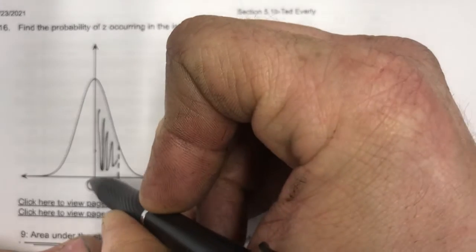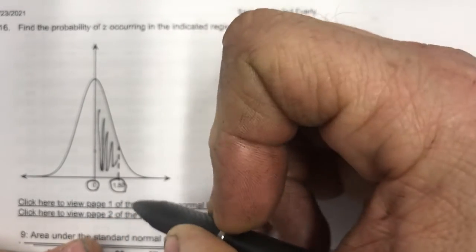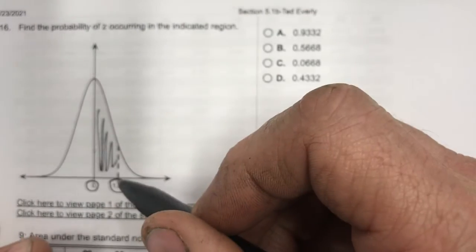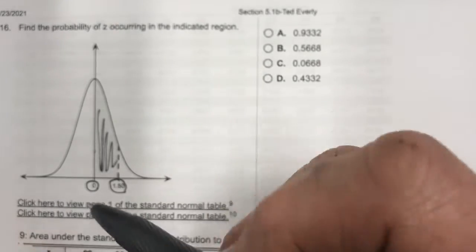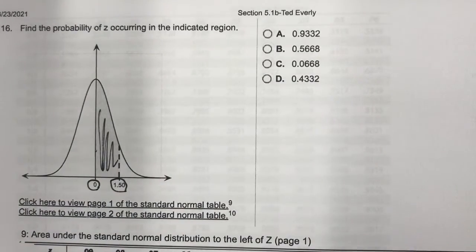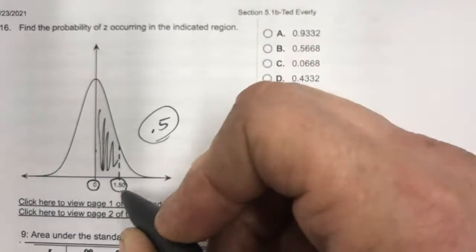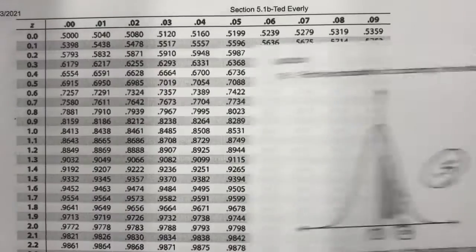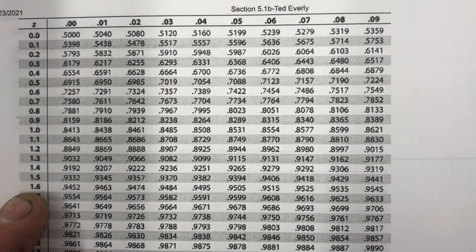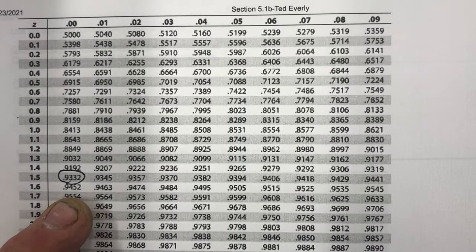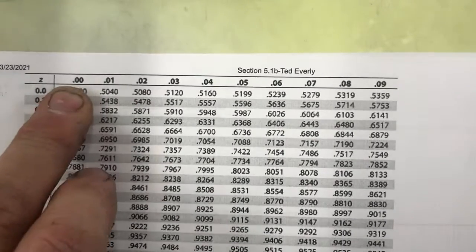All right, here we go. We want the area in between these two right here. I've got 0 and I got 1.50. So I look both of those up and subtract them. Since it's between them, I subtract the two numbers. So 0, I know 0 is 0.5. Now 1.50 is right here, 0.9332.